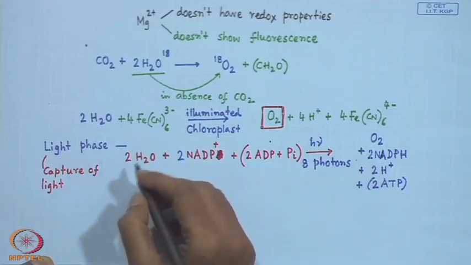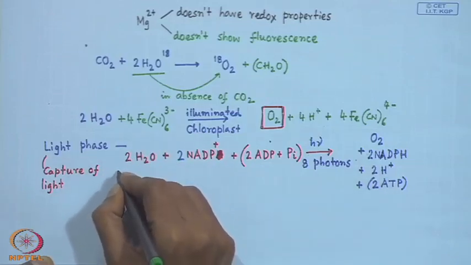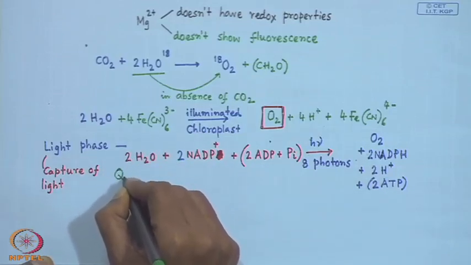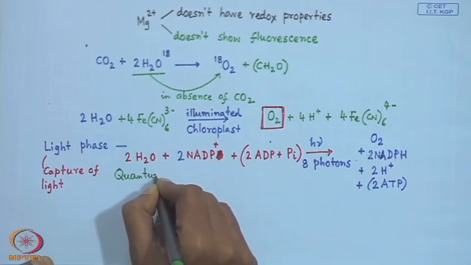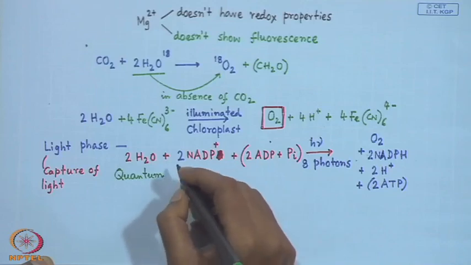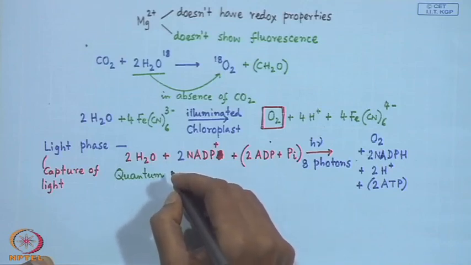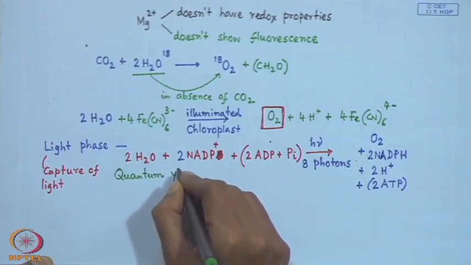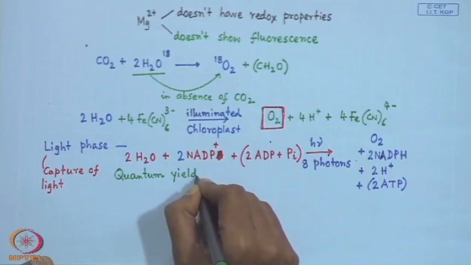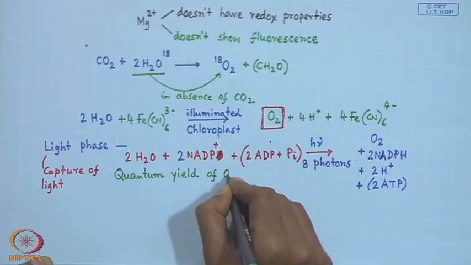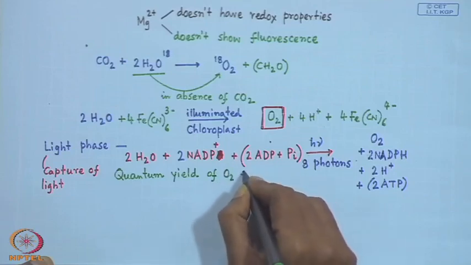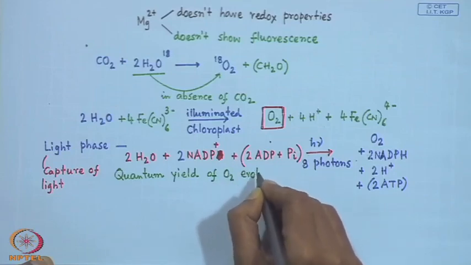So, the quantum yield of O2 evolution can be determined, how efficient the system is for producing O2.